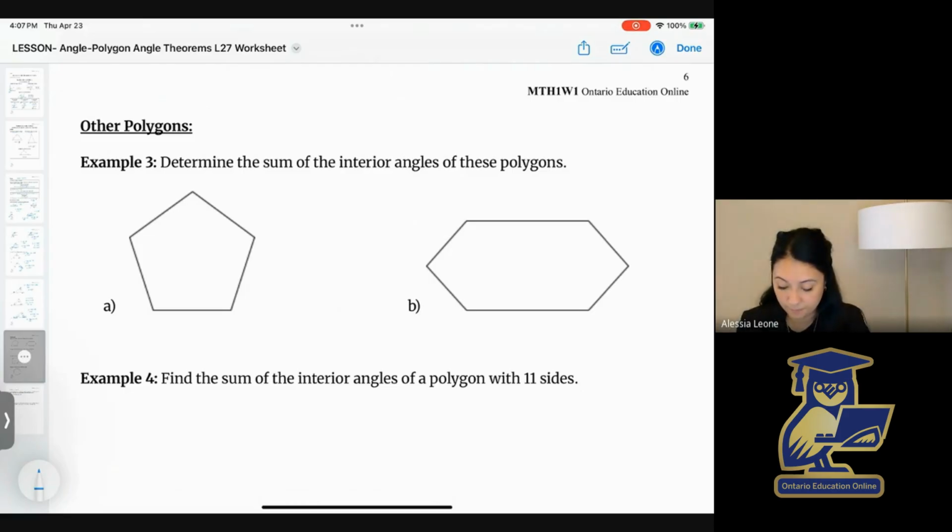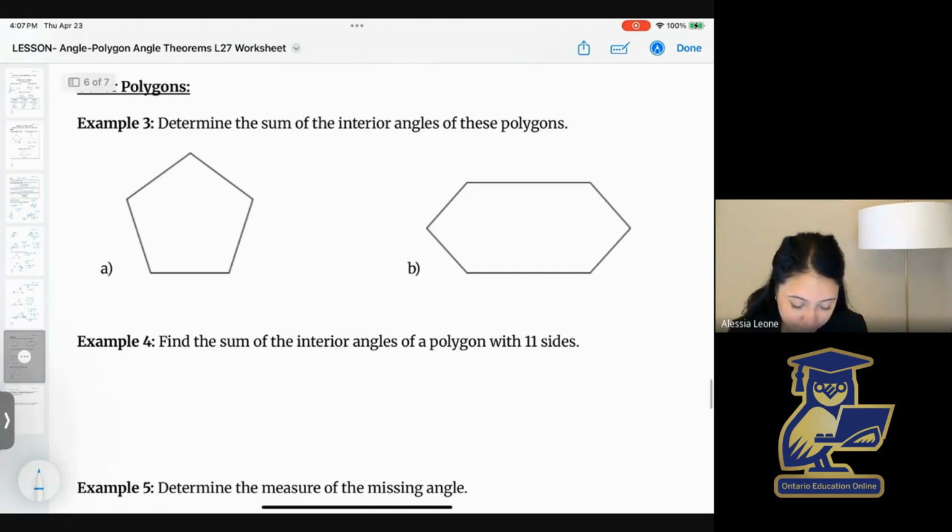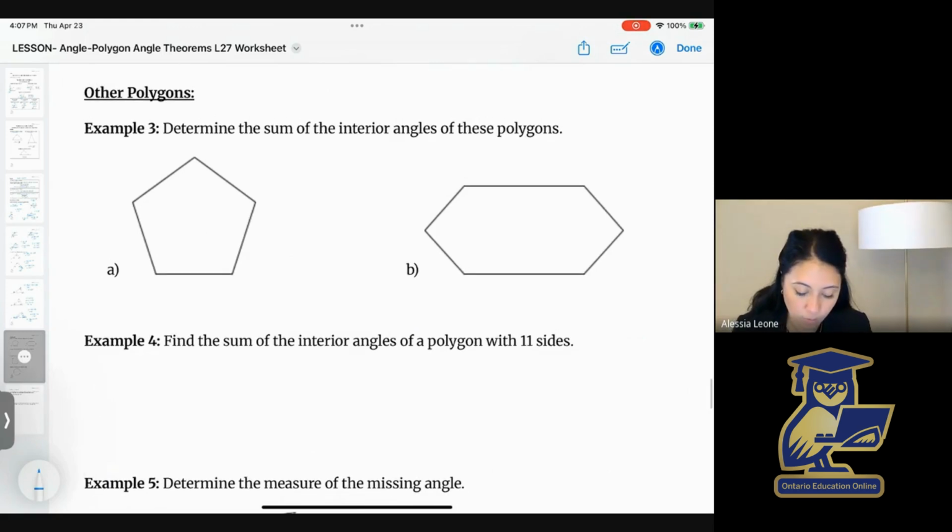Now we're going to be speaking about polygons, where you're finding the sum of the interior angles.